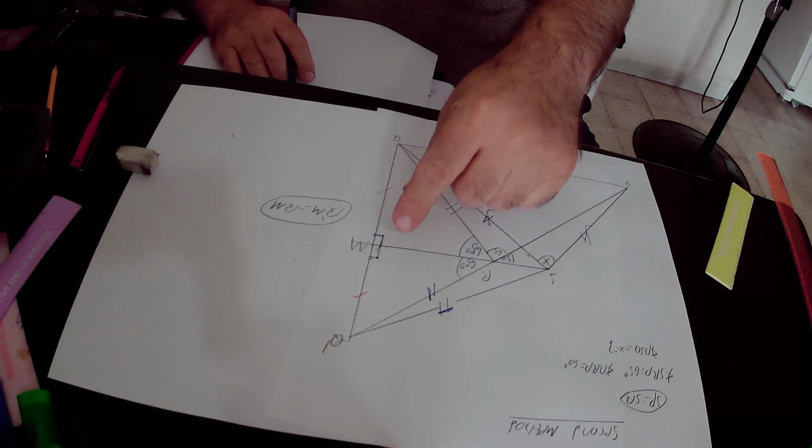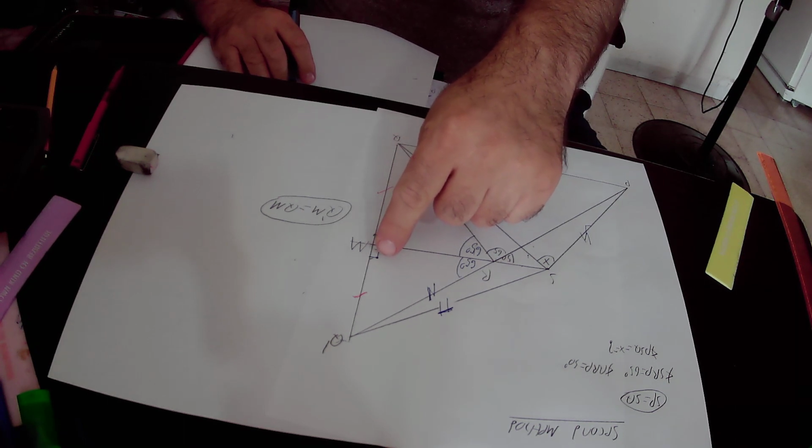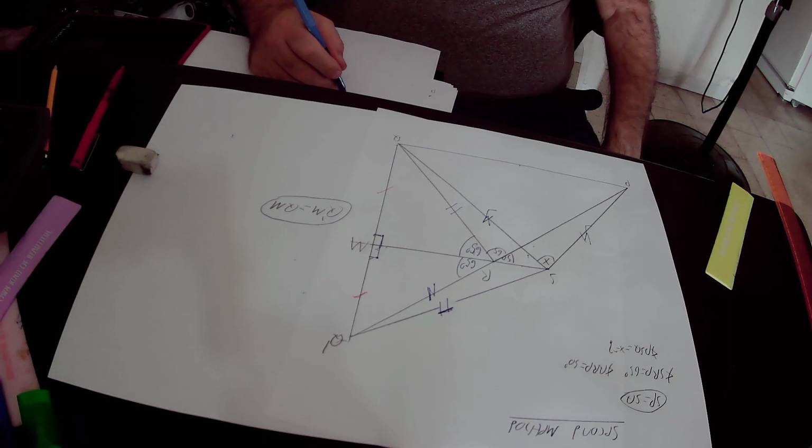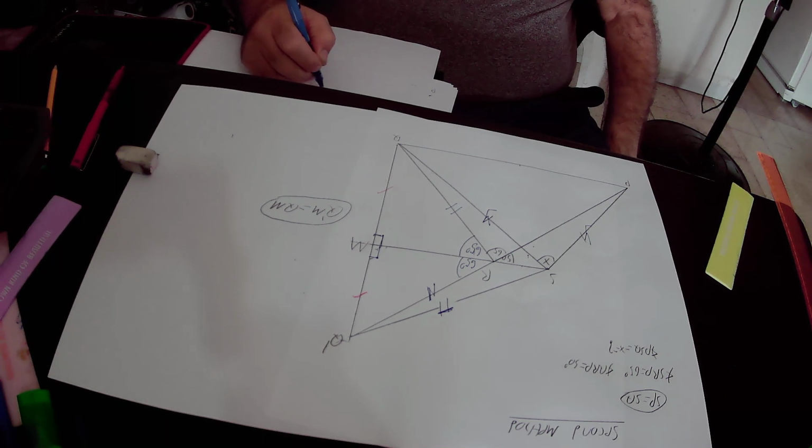We also know that those two angles are equal to each other and they are both equal to 90 degrees. So angle QMS is equal to angle Q dash MS, and they are both equal to 90 degrees.